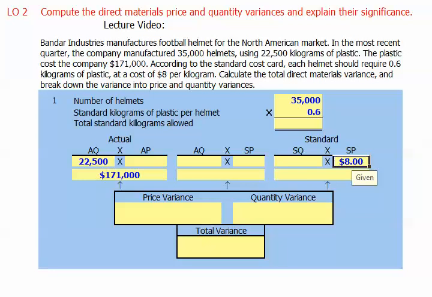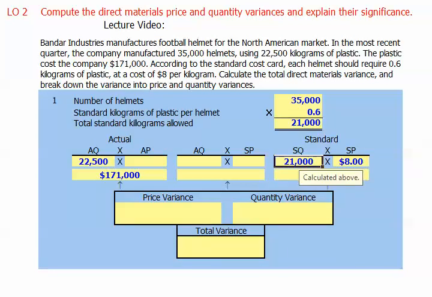Let's begin by calculating the standard quantity allowed, or how many kilograms should it have taken us to make the 35,000 helmets. 35,000 helmets times 0.6 kilograms per helmet gives us a standard quantity allowed of 21,000 kilograms.